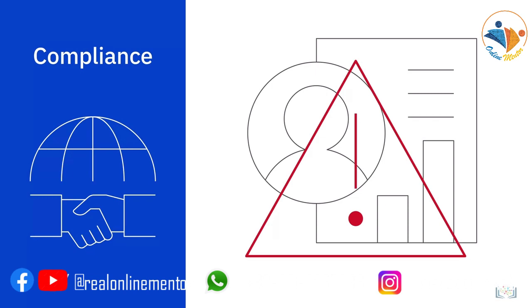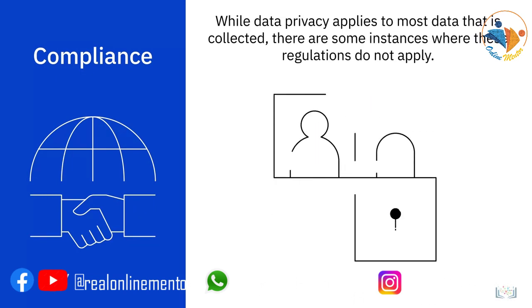This type of action could not only cost the company large amounts of money in fines and penalties, but could also reduce customer confidence, causing a significant impact to revenue. While data privacy applies to most data that is collected, there are some instances where these regulations do not apply.